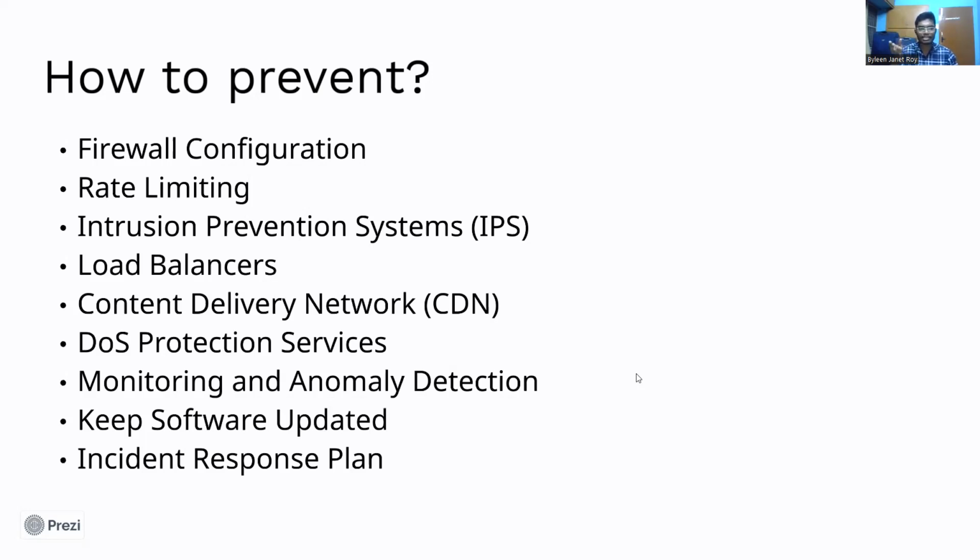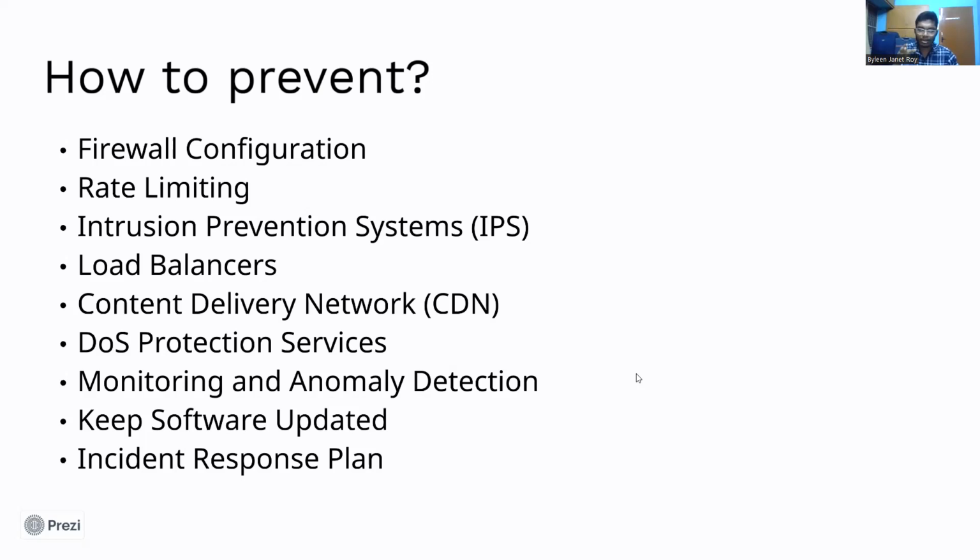Then there are many such methods, such as the intrusion prevention system, load balancers, content delivery network, and DOS protection services. We have many other services for protecting our website and our server from DOS attacks. Monitoring and anomaly detection: if this is done using an ML algorithm, we'll be training the ML algorithm by giving it the knowledge of what is an anomaly and what is normal, and it will perform its work.